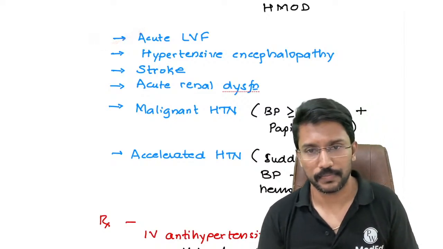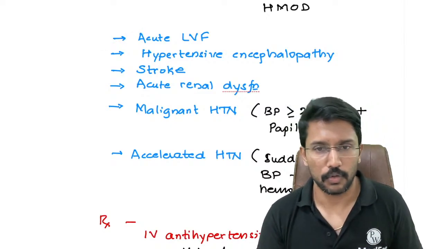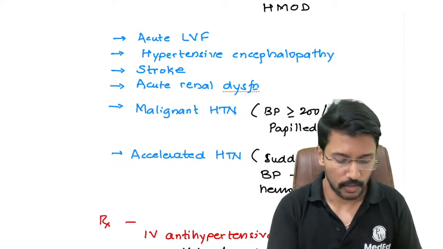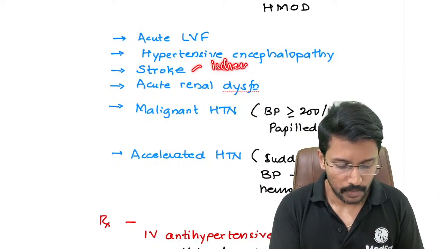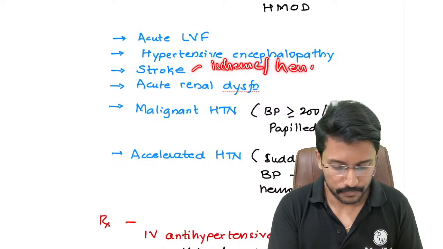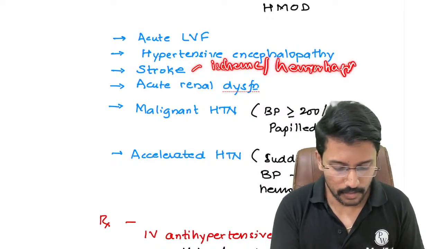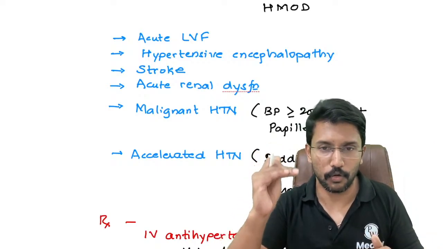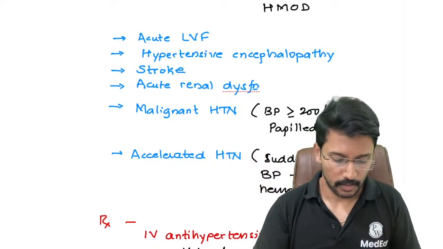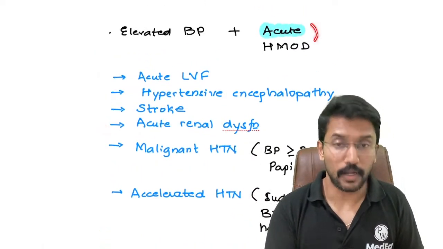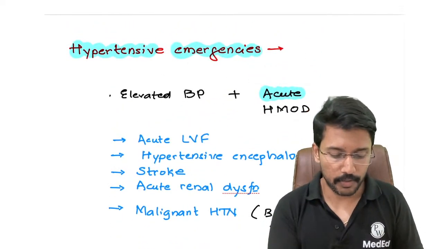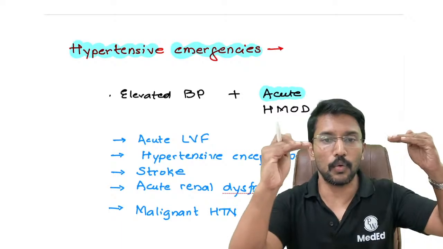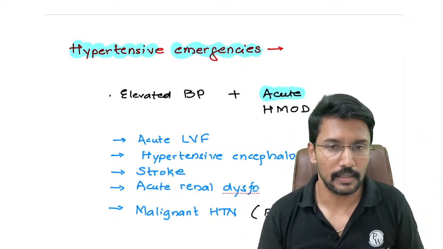Acute heart failure, acute left ventricular failure, or sudden development of hypertensive encephalopathy, or development of stroke. Stroke can be ischemic as well as hemorrhagic, or sudden development of renal dysfunction, creatinine starting to go up suddenly, or development of oliguria all of a sudden, right? So these are all counted as acute hypertension mediated organ damage. So hypertensive emergency refers to increase in the blood pressure plus acute hypertension mediated organ damage.